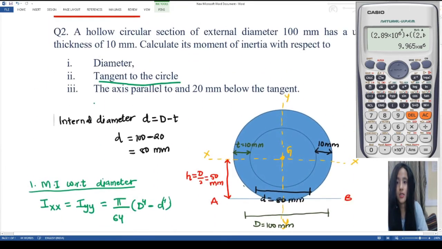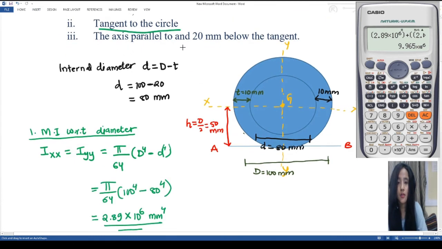Now third condition, it says the axis parallel to and 20 mm below the tangent. Now this below the tangent, I have to go 20 mm below this tangent and it is parallel to this tangent AB.